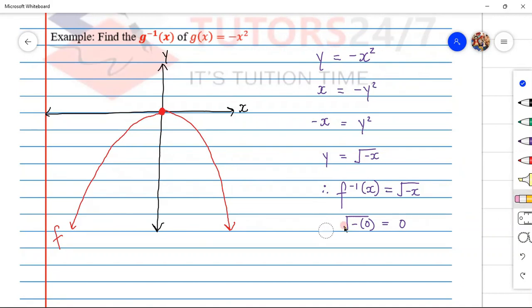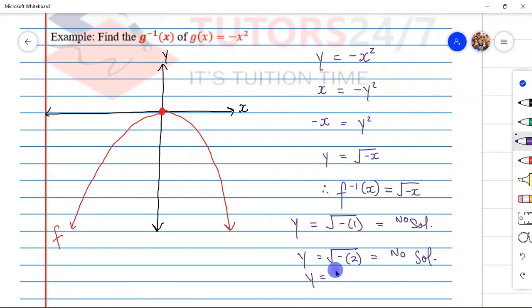Now, let's test out the positive x values. So if we have y equals the root of negative, substitute 1, that is going to give us an error. If we have y equals the root of negative, substitute 2, that's going to give us an error.